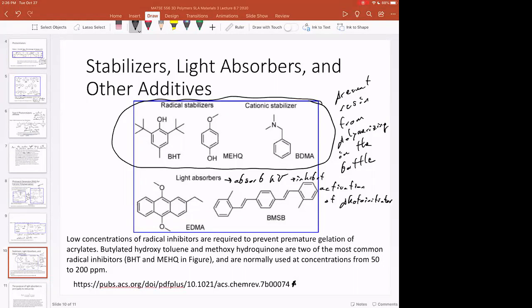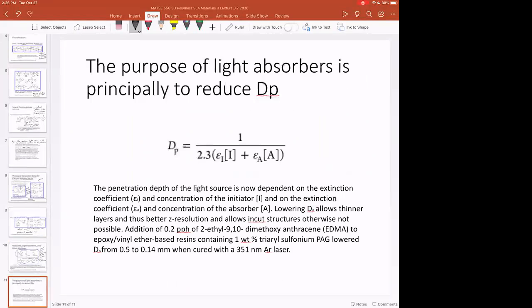So we use radical inhibitors to prevent premature gelation, but we often use these light absorbers to reduce the depth of penetration to get higher resolution.